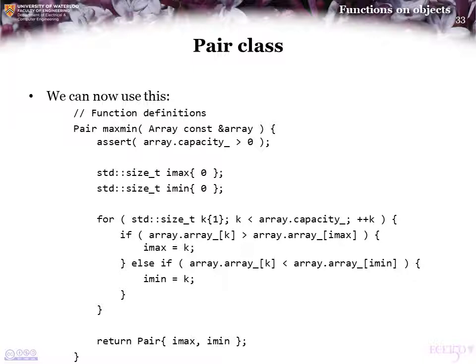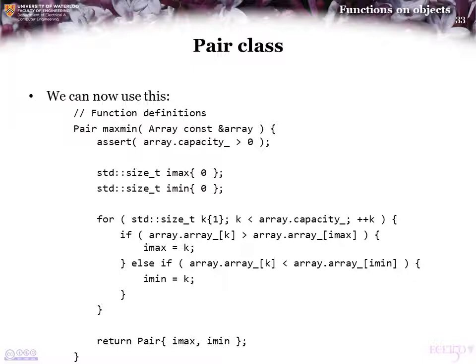If it's greater, then we update the imax local variable. If it is larger than what's currently at the imax, then whatever is there is definitely not a minimum. So we check. If it is not a maximum, then is it a minimum? If it is, then we update the imin local variable.